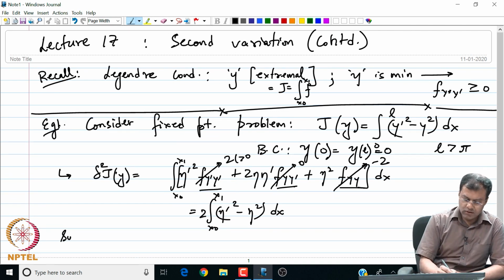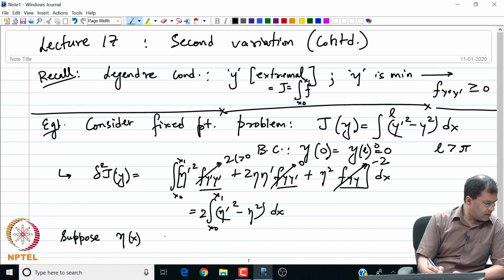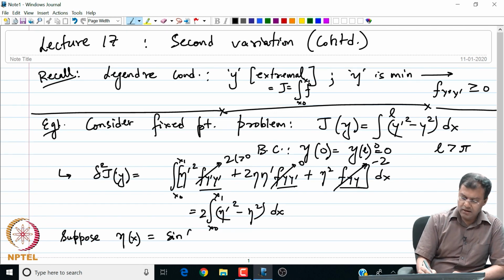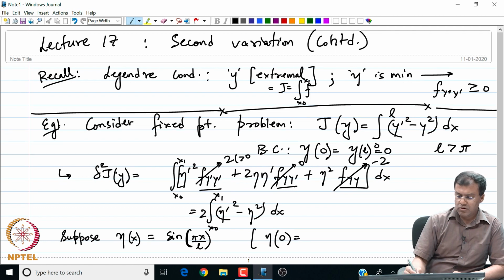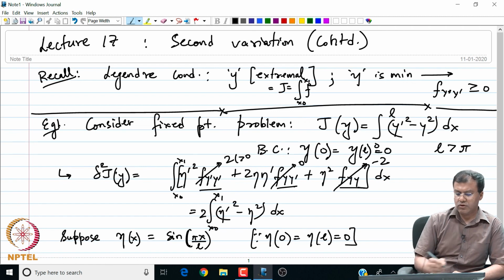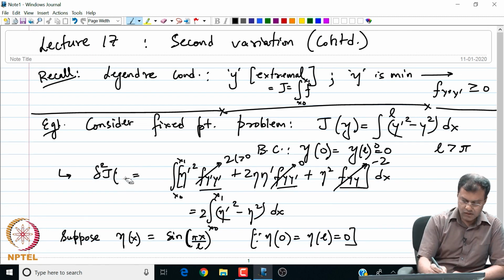Now suppose I take my eta of x to be sin pi x by L. Now the reason I have taken this sort of a function, note that eta at 0 and eta at L, they vanish. So this is a good choice for our perturbation function, and this means that, so this is J of eta comma y.